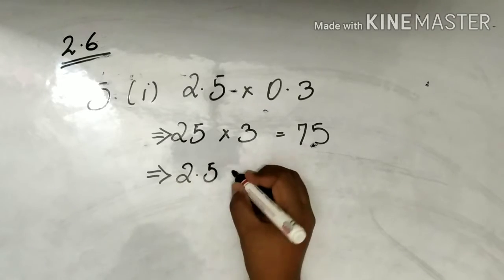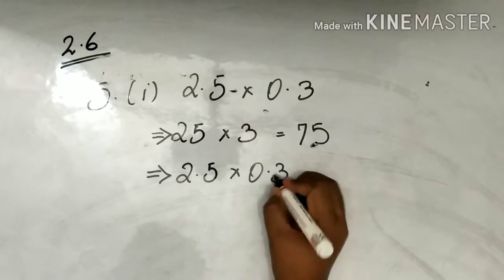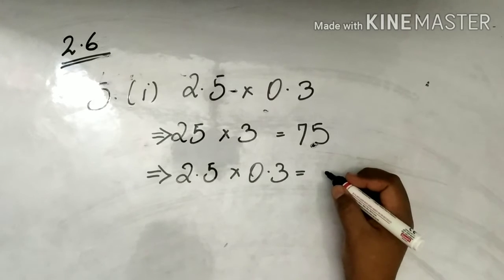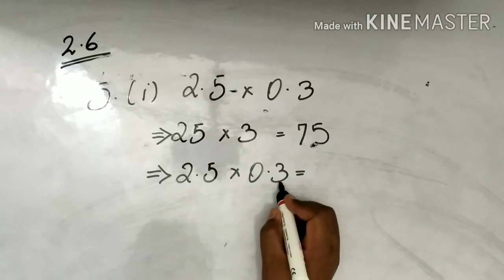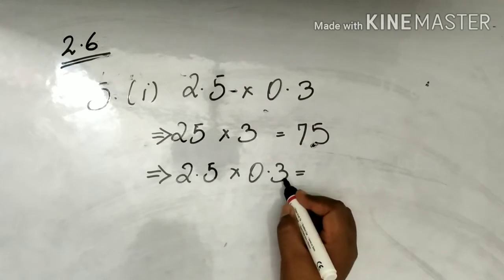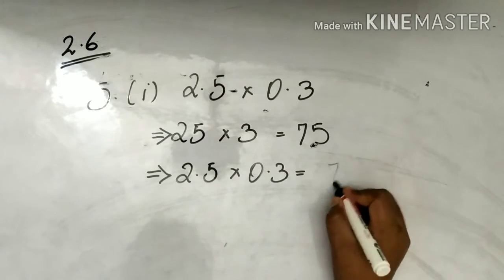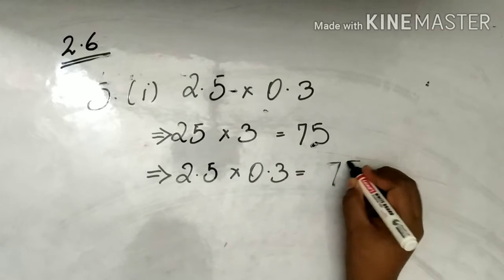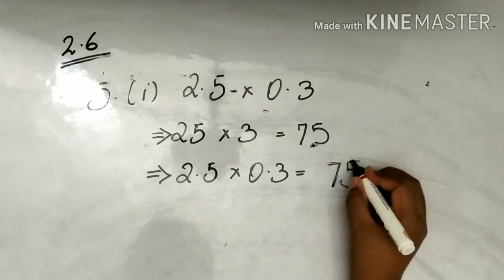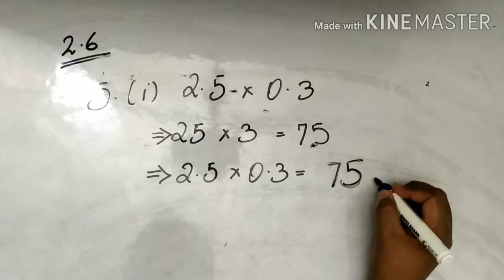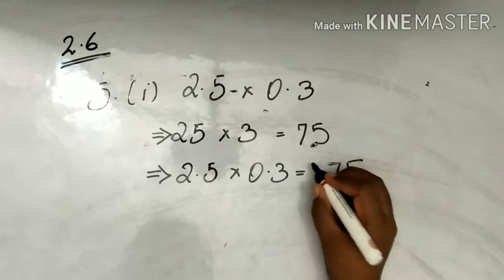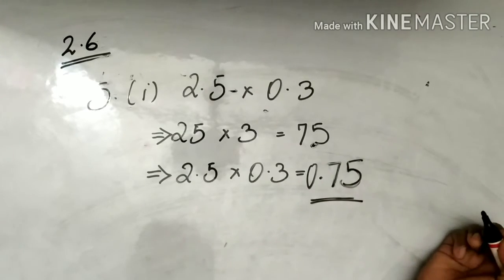So we can write 2.5 into 0.3. That will be equal to, we'll see how many numbers are there after the decimal, one place and then the second place. So there are 2. So here, from here the decimal will move twice and the answer will be 0.75.